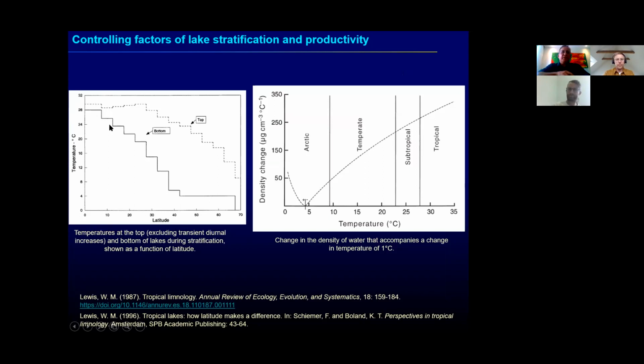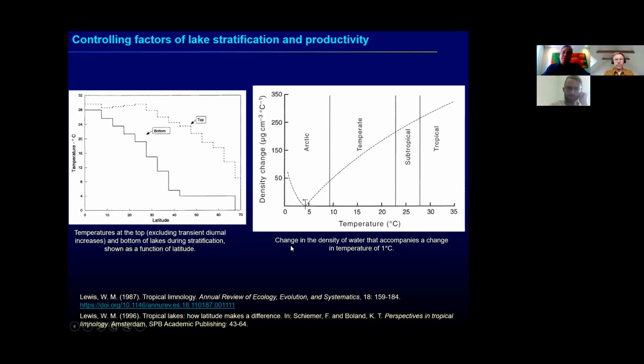For instance, in southeastern Brazil, where I live, we have a temperature difference of about 6 degrees between the surface and the bottom of the lake during the summer. As we go farther north and south, the difference in temperature increases, with the bottom at 4 degrees Celsius, which is the maximum density of the water.